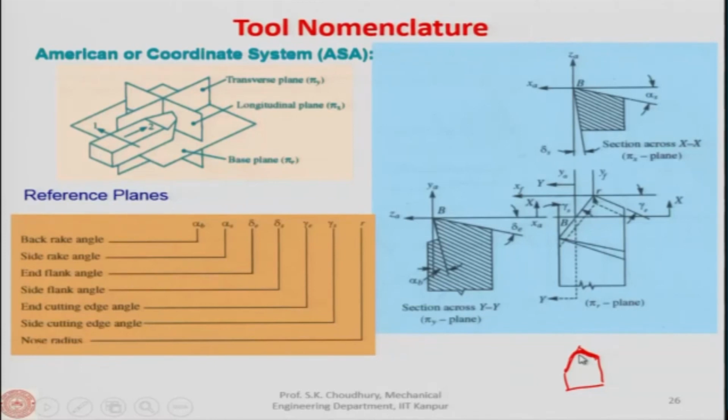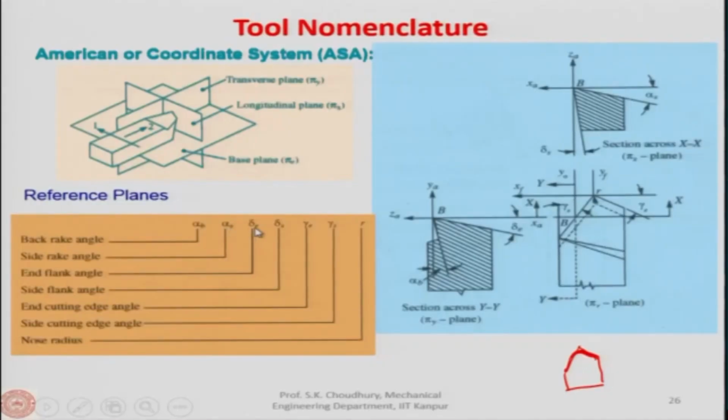So, overall there is a nose radius given, and its value can be different, and that nose radius is also mentioned in this nomenclature as one of the parameters. So, 6 angles and the nose radius. These are the 7 parameters which are mentioned in a certain sequence.